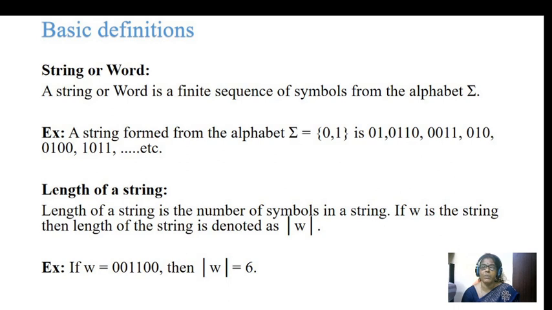If w is a string, the length of the string is denoted as modulus of w. For example, take w as 001100. Then what is the length of the string? Count it: 1, 2, 3, 4, 5, 6. So there are 6 symbols in it, so the length of the string or word is 6.